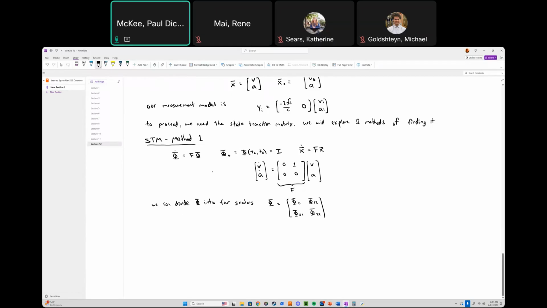So we can actually take this phi dot equals F phi and split it up into 4 scalar equations. So we have phi dot is F phi, which is [0, 1; 0, 0] times phi 1,1, phi 1,2, phi 2,1, phi 2,2.